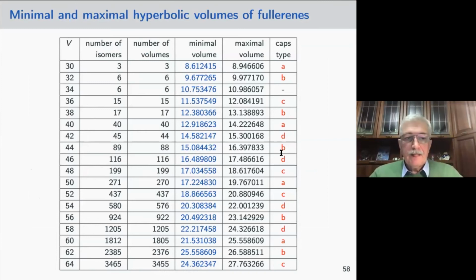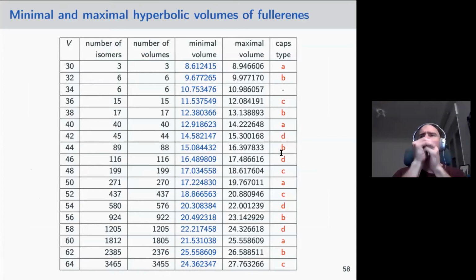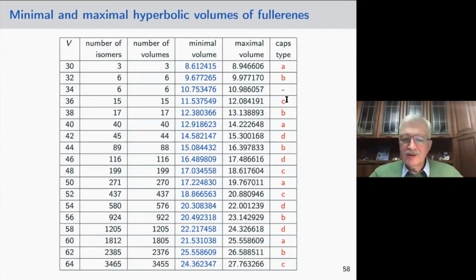Unfortunately, it is difficult to calculate more examples. For 34, it's a different type that minimizes the volume. It's not one of those tubes, or there are no tubes for 34 vertices. It's small enough. It's not of such type.